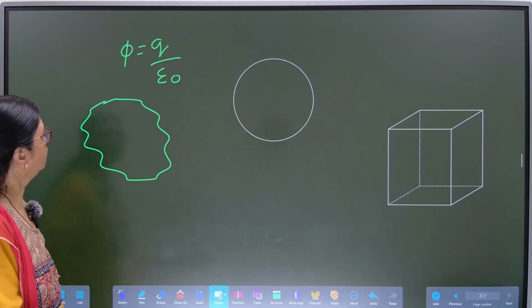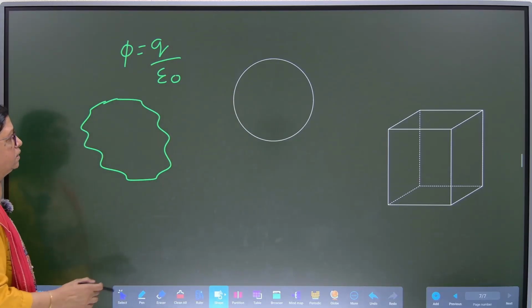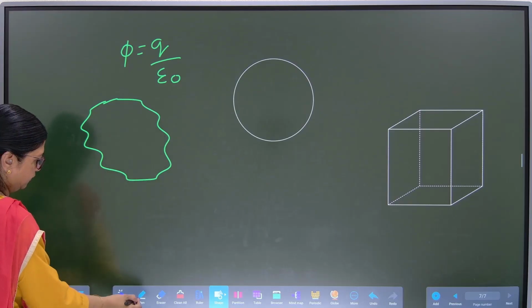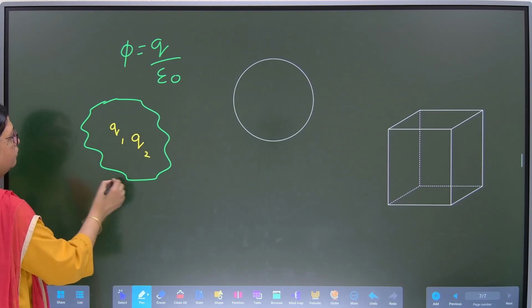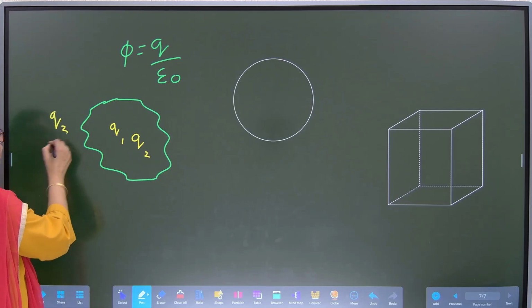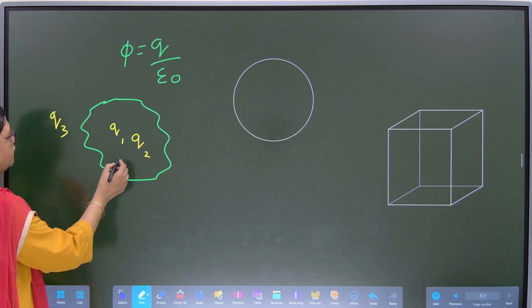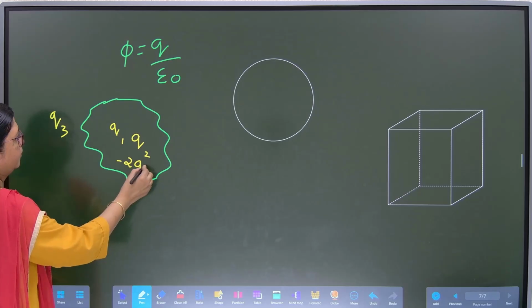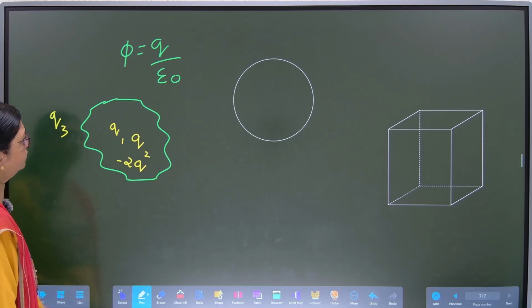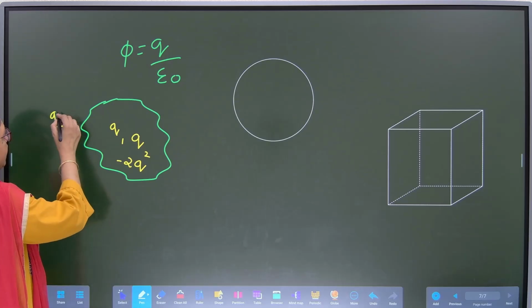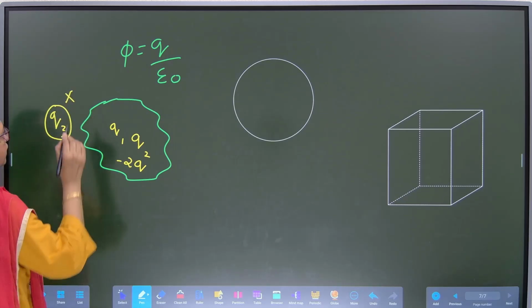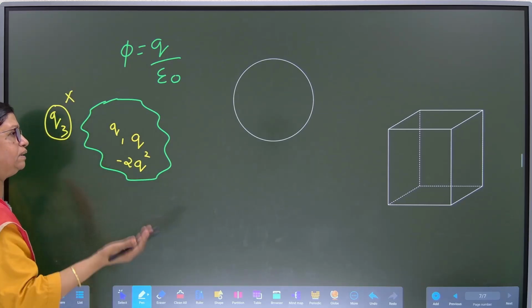Now in this case, suppose I have charges Q1, Q2, and here a charge Q3. Let me have one negative charge also, 2Q. Then what is my answer for the flux? Should I consider this? No. Should I consider all these charges? Yes.